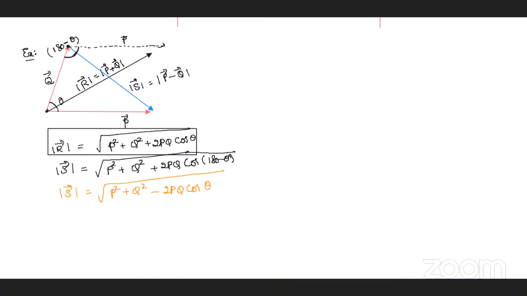Try to remember these two formulae. Right. Good. That's all. These are the two vectors in subtraction. And in this case, if you want to find the angle, we write tan alpha with P equals, as usual, Q sine theta upon P plus Q cos theta.